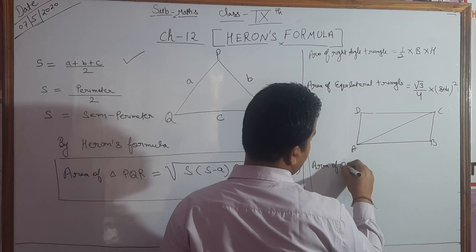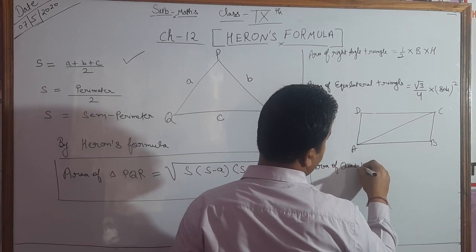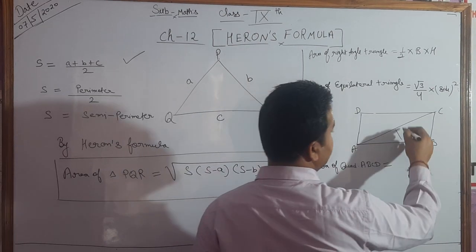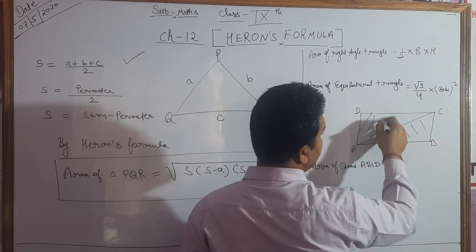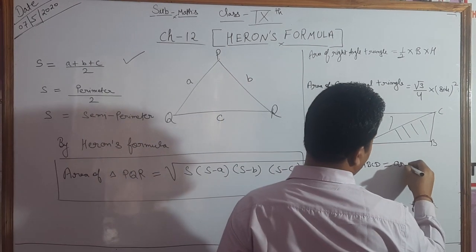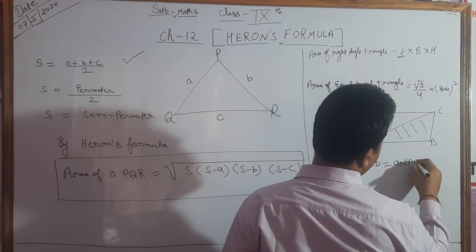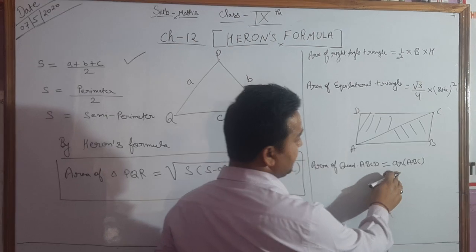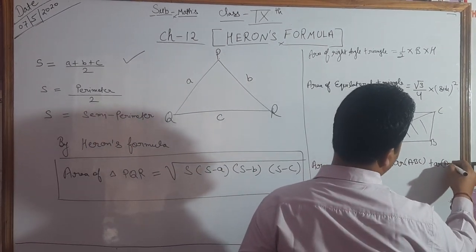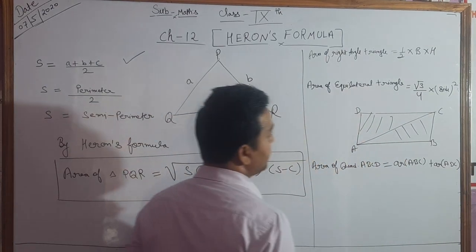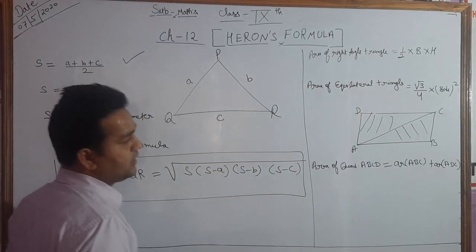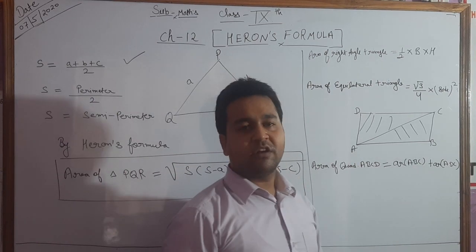First find the area of this triangle separately and this triangle separately, and then add, you will get your answer. Then you can write area of triangle ABC plus area of triangle ADC. Simply you can find the area with the help of the equilateral triangle or right angle triangle or normal formula, and then simply you have to add, you will get your answer.